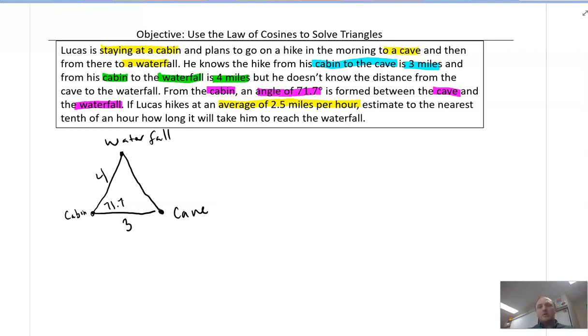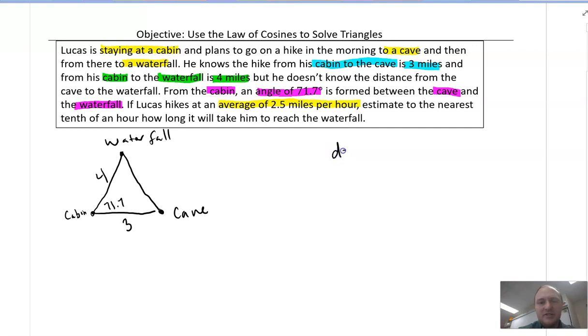They want to know how long it will take for him to reach the waterfall. So it's important to note his order. Lucas is staying at the cabin. He goes on a hike to the cave and then from there to the waterfall. So what I really need to know is his distance.